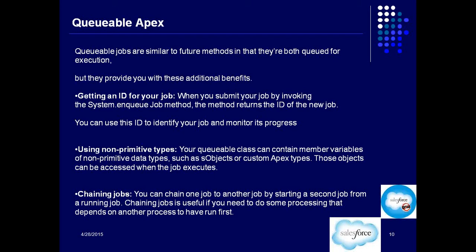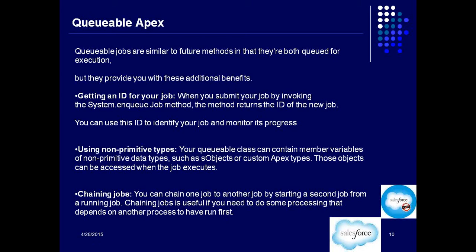Now you want to make sure that the mails are sent only when the database is clean, so you don't send any wrong information in your emails. So you can chain the second job at the end of the first one. Chaining jobs is useful if you need to do some processing that depends on another process to have run first. If you are depending on the first job before you can execute the second job, then chaining of jobs will help.